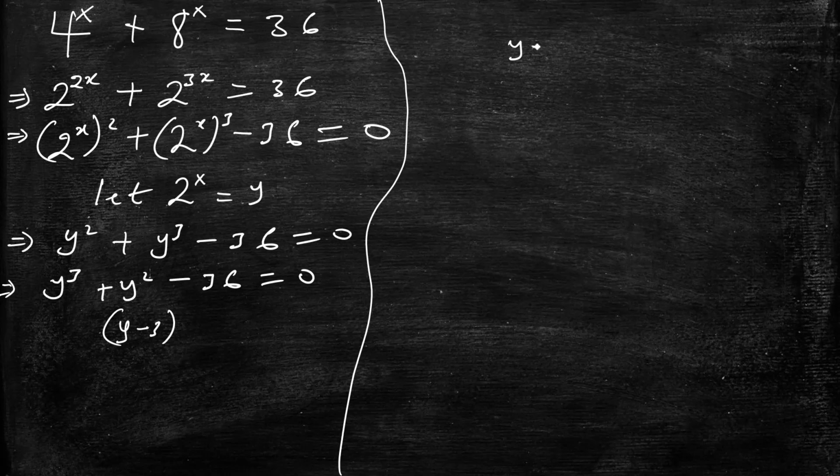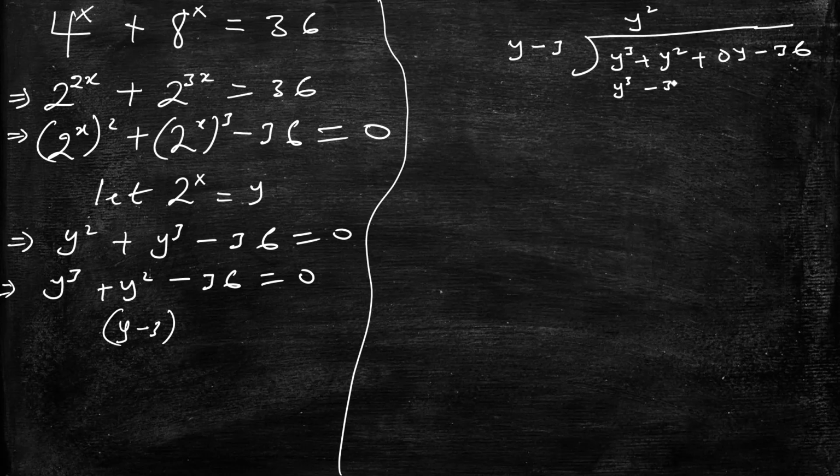So we have y minus 3 dividing y cubed plus y squared, and let's introduce 0y, then minus 36. Now y into this will be y squared. y squared times y is y cubed. y squared times minus 3 is minus 3y squared.